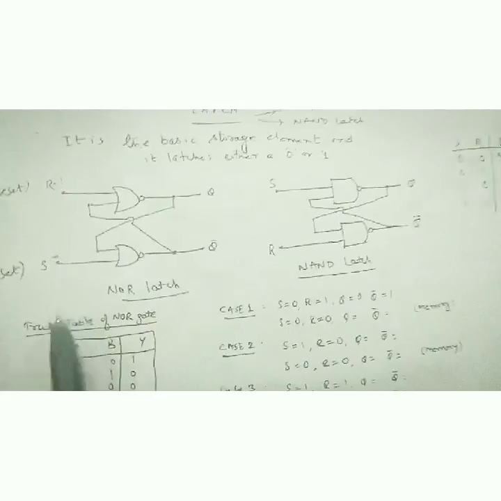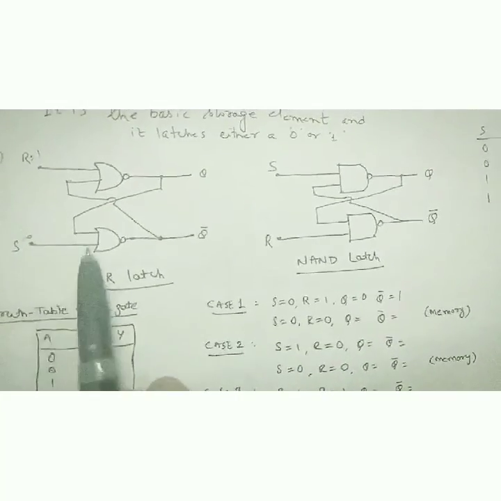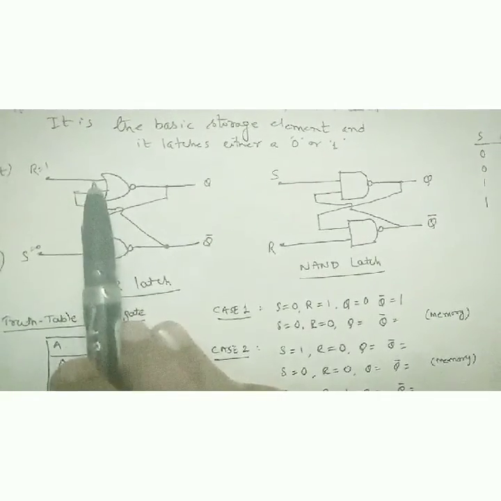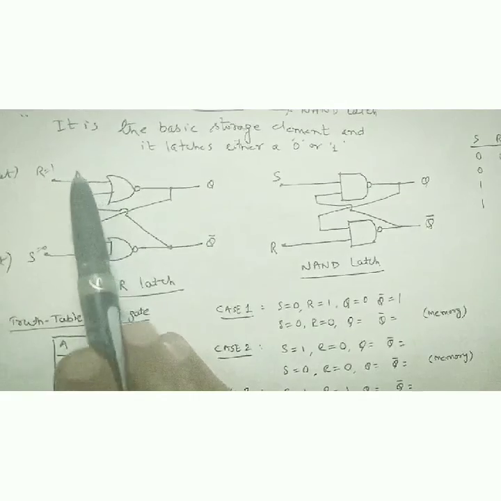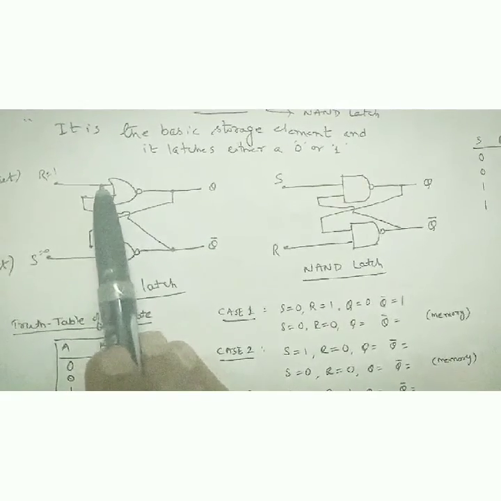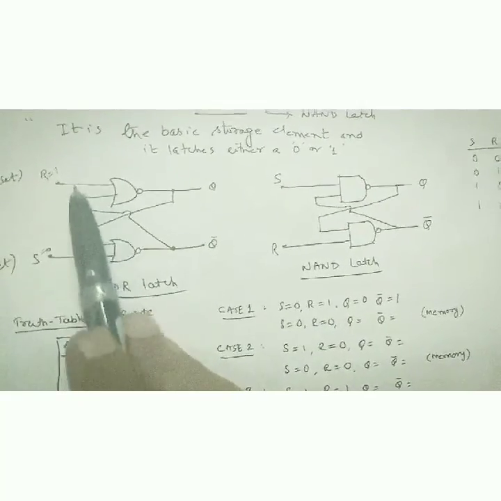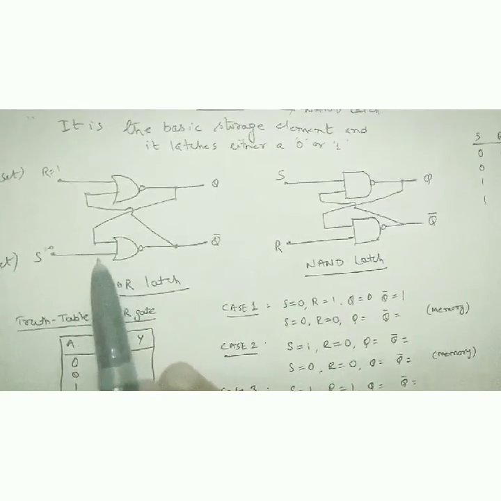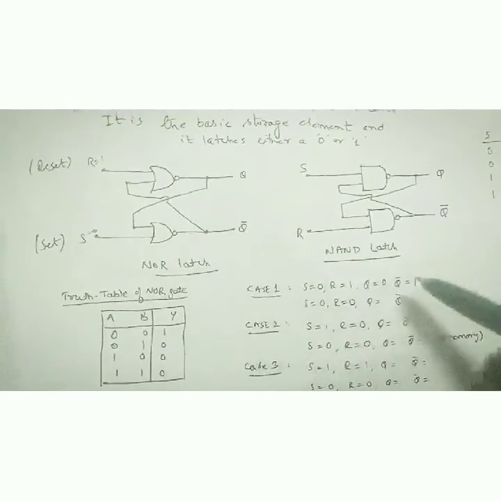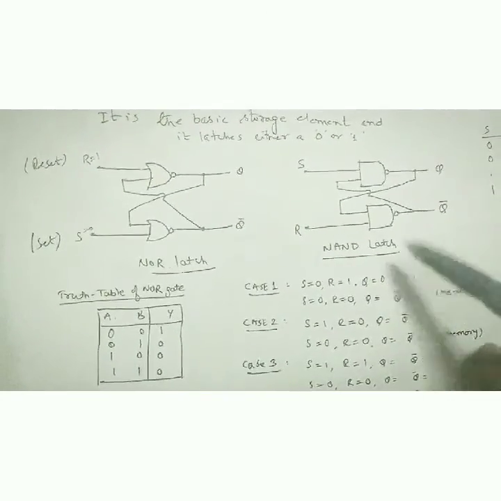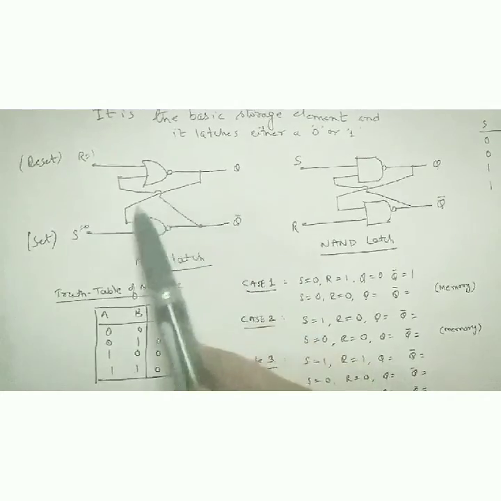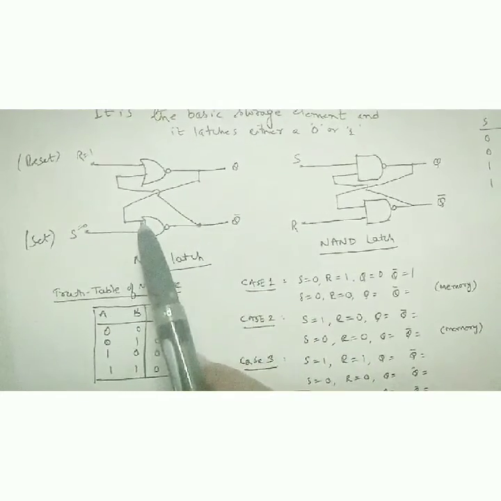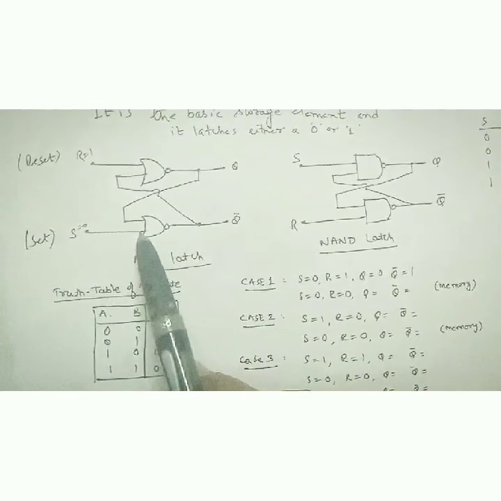Now just imagine what will happen when S is equal to 0 and R is equal to 0. Suppose we consider this one. Now this is 0, this is 0, and we have Q equal to 0. So this 0 over here, we have considered to be 0.